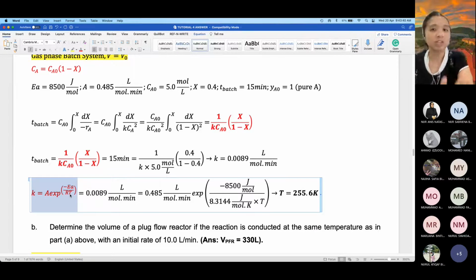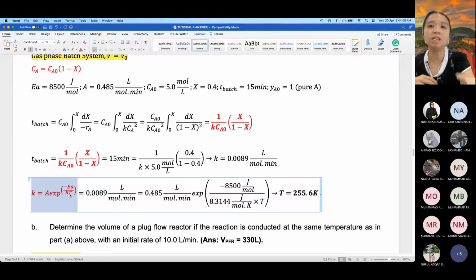Meaning in this equation I already have A, my pre-exponential factor, I already have EA, the activation energy, and T. So T is what I want to find, kan? So we somewhat realize this equation might be related, because I can get the temperature that the question wants from it.